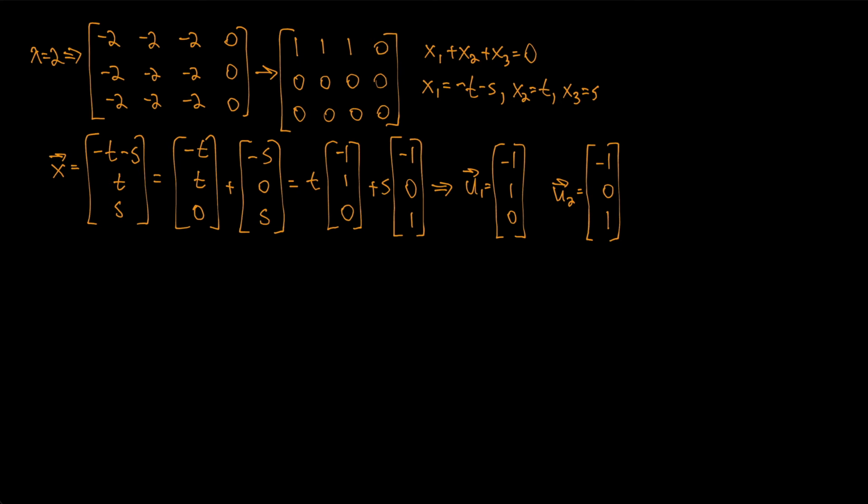Now let's see. We need to find an orthonormal basis here. We only have these vectors as basis vectors, but they're not necessarily orthonormal. So in order to come up with an orthonormal basis, I'll use the Gram-Schmidt process. I'll set my first orthonormal vector v1 equal to u1, so that'll be minus 1, 1, 0. And we'll change the second one, so that'll be v2.